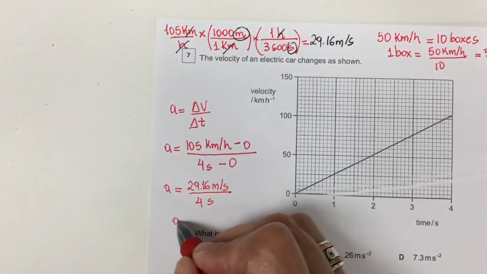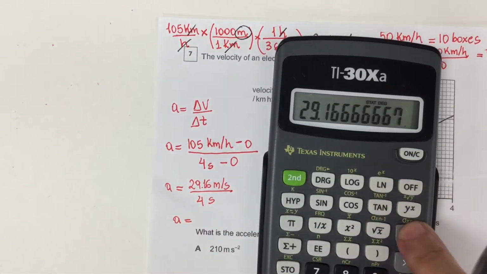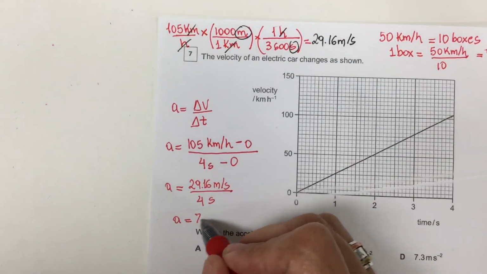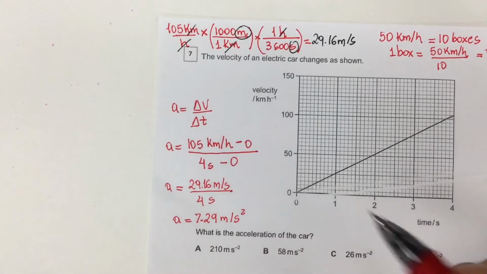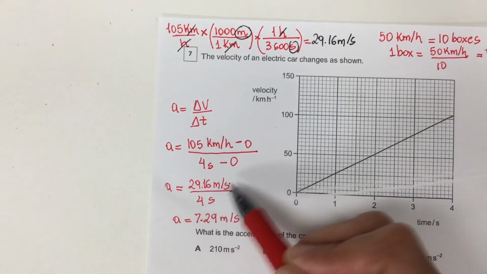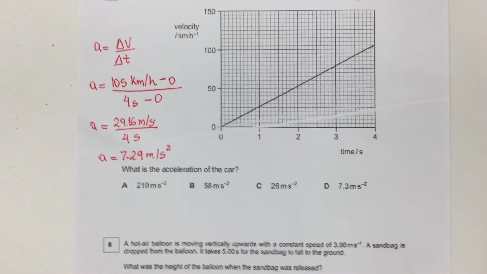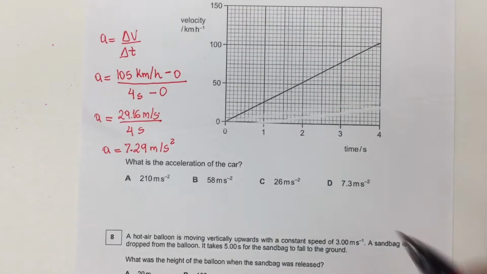So my acceleration is, now I get this number and divide by 4, 7.29 meters per second squared. Because see, this S with this S is going to multiply, so that's how I get seconds squared. So which one is the closest? Okay, I'll take this 7.3, close enough.